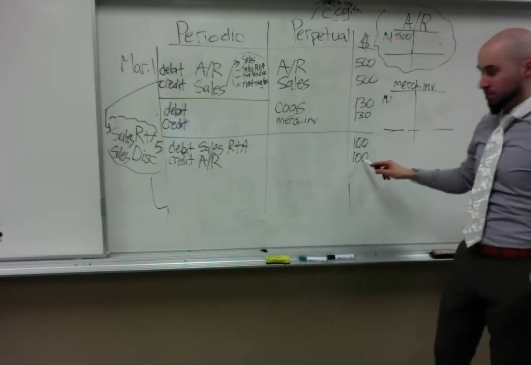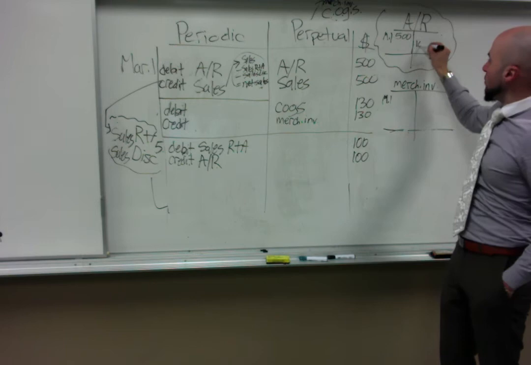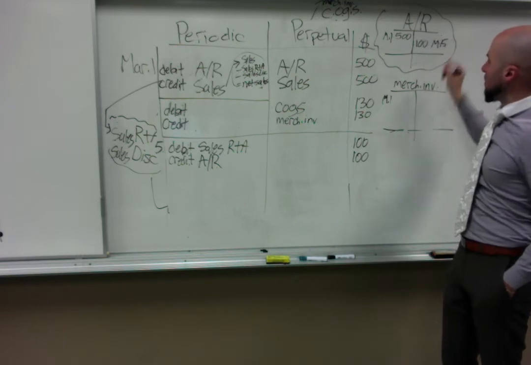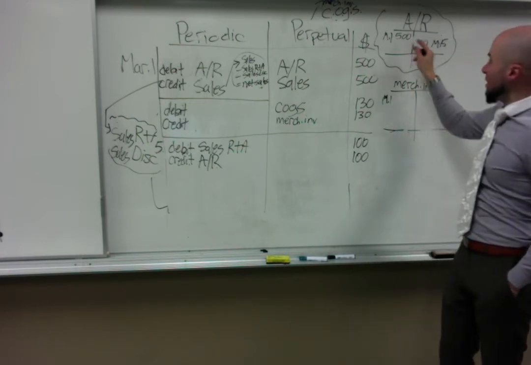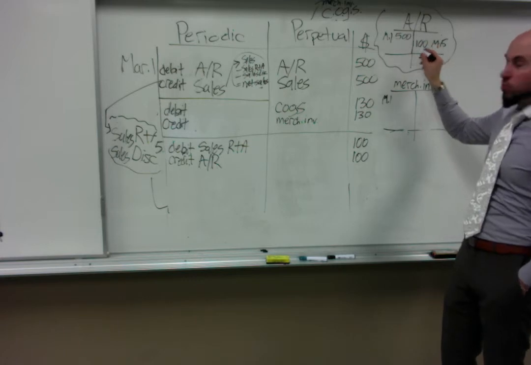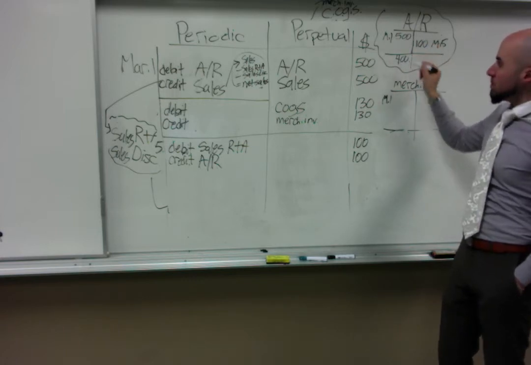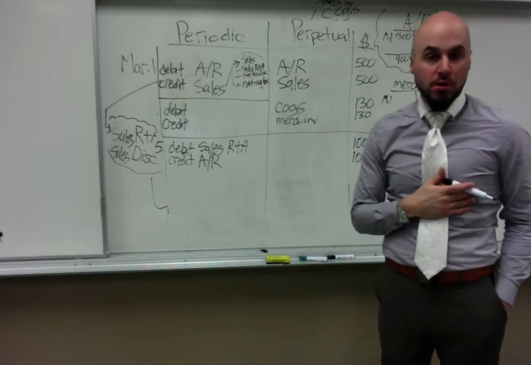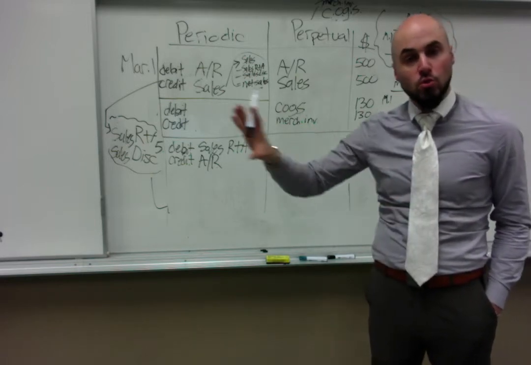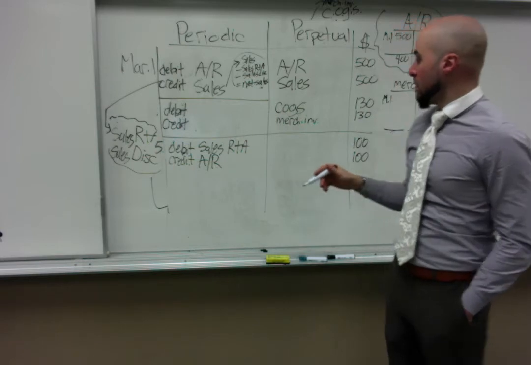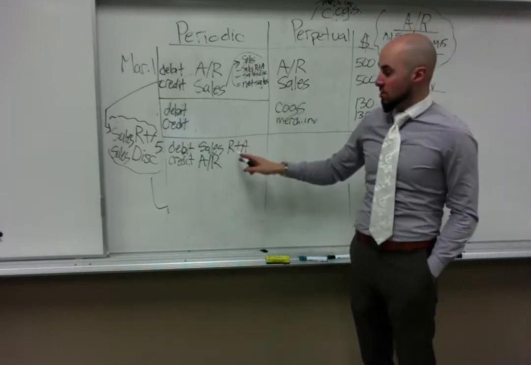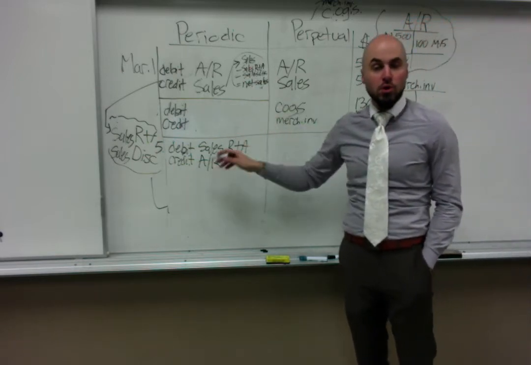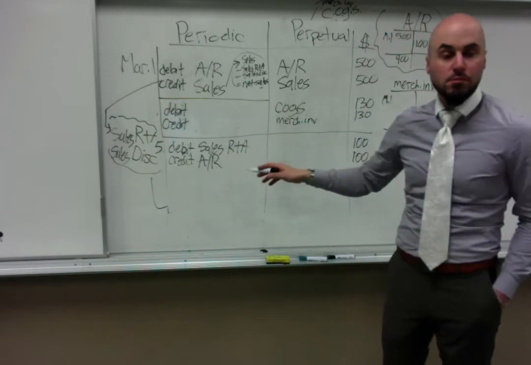Credit it for 100. So how much is left in accounts receivable? 500 minus 100. Now we're only expecting the customer to pay us $400 because they returned 100 of it. So in the periodic system, we're done recording that sales return and allowance.